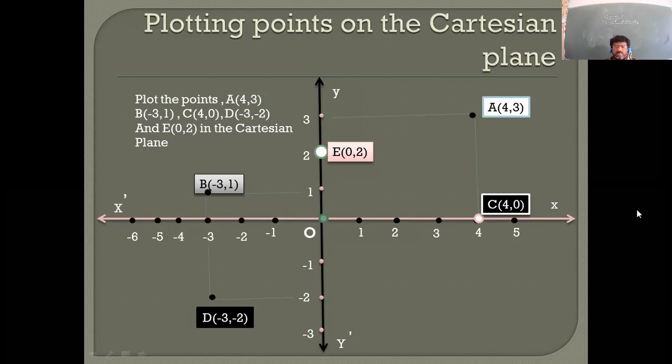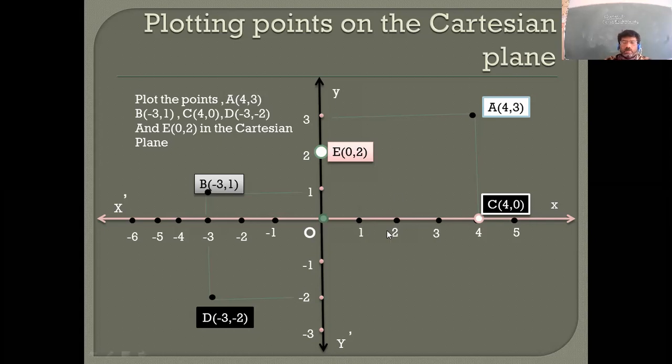You have to draw two axes, the x-axis and y-axis. Always write x here, x dash here, y here, y dash here, at equal distances. Take 1 centimeter as the scale for 1 unit.